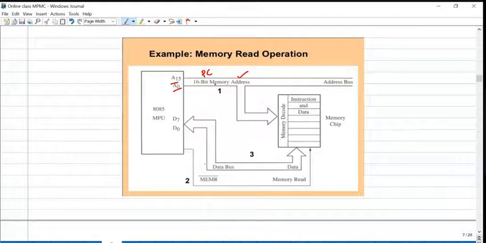Then the microprocessor unit issues the control signal, memory read. It issues a read operation, and then the processor reads the data from that particular memory address. That data is carried with the help of the data bus to the microprocessor.